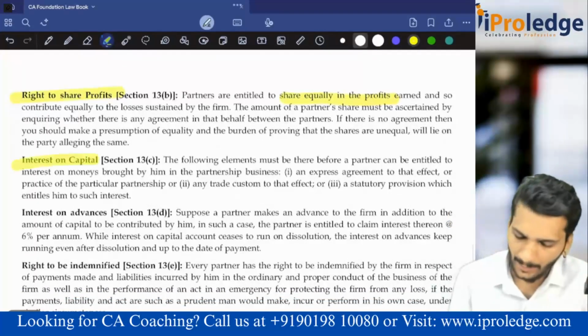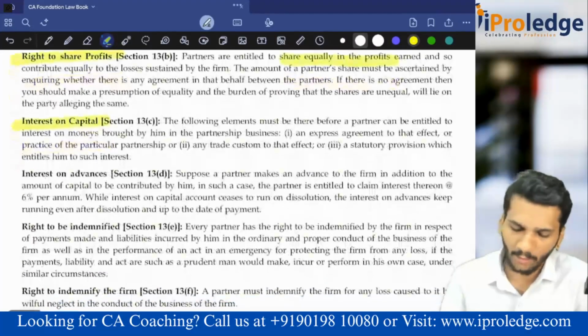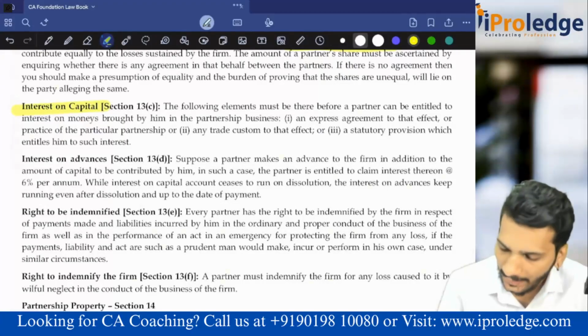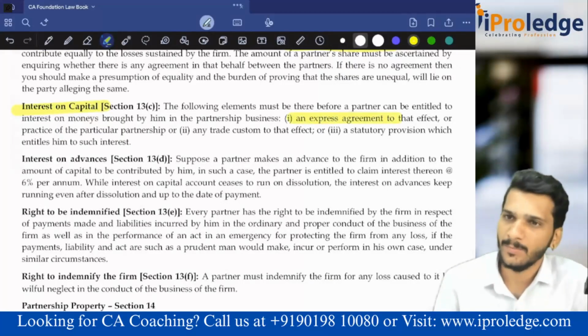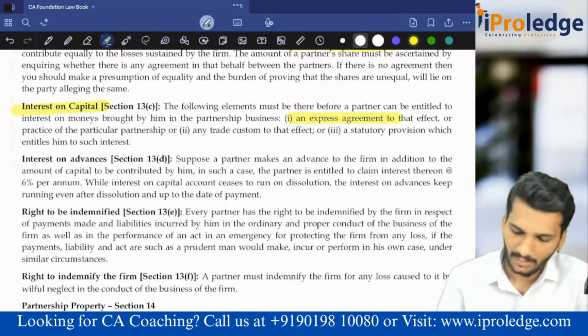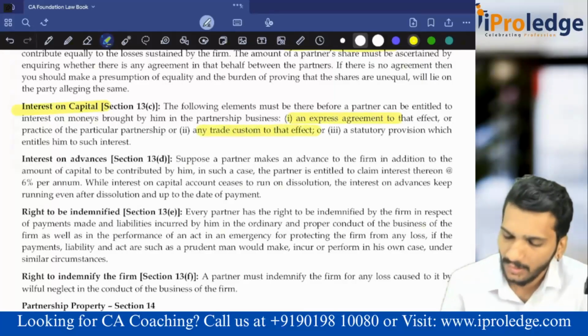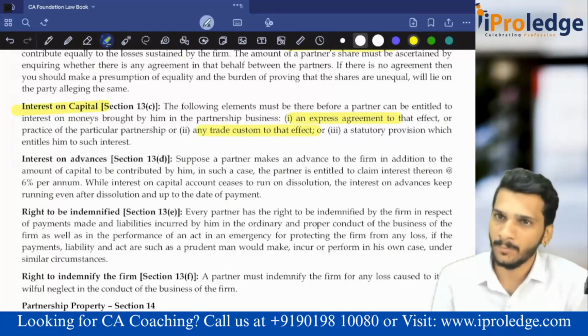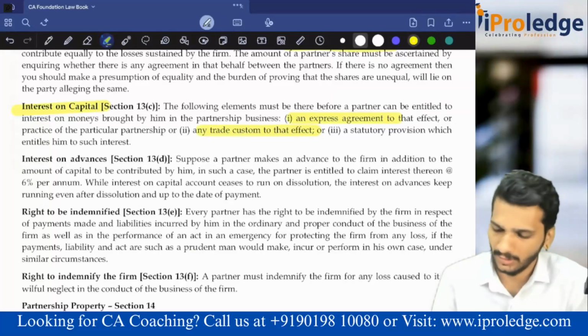Then interest on capital. Is it mandatory to give interest on capital? No. If there is an agreement, an express agreement, we call it the partnership deed, then interest is given. If there is no agreement, but there is a trade custom to that effect, that means continuously that custom is there in the partnership firm to give the interest on capital, then also that can be there.